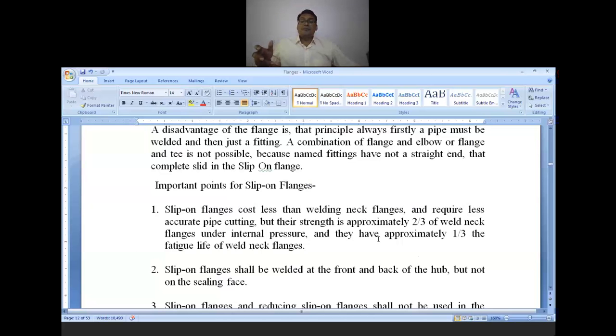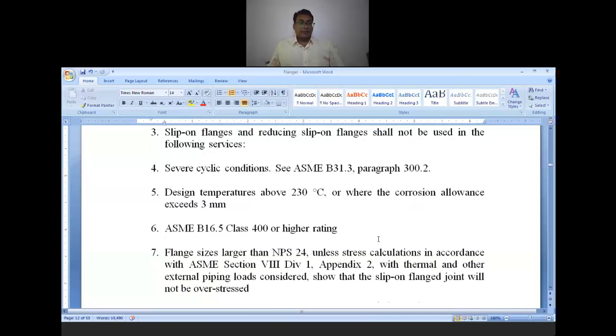When you are slipping over it, it is very easy to align the bolts with the fixed flanges. So aligning is easy in the case of this slip-on flange. However, in the case of a welded neck flange, its alignment is done before the welding and then welding is carried out. Slip-on flanges shall be welded at the front and back of the hub, but not on the sealing face.